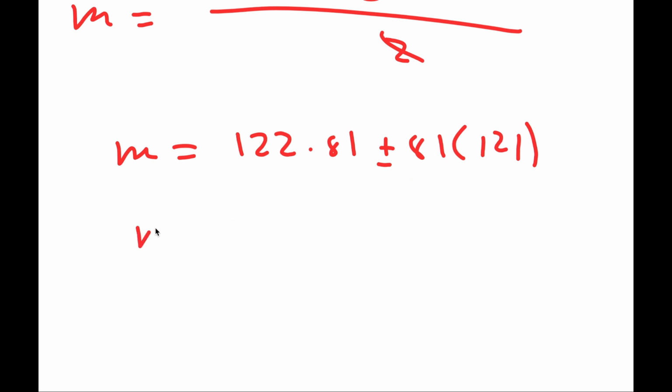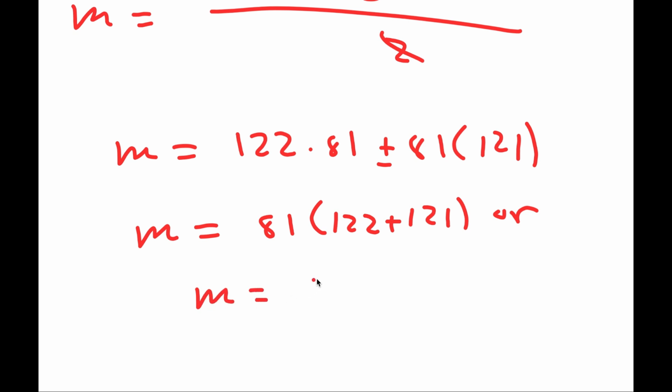And if I factor out 81 from this, I get 81 times 122 plus 121, so m is equal to this, or it's also equal to 81 times 122 minus 121.